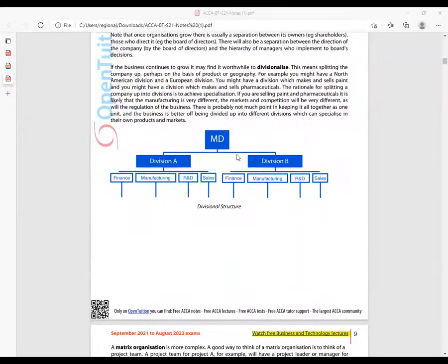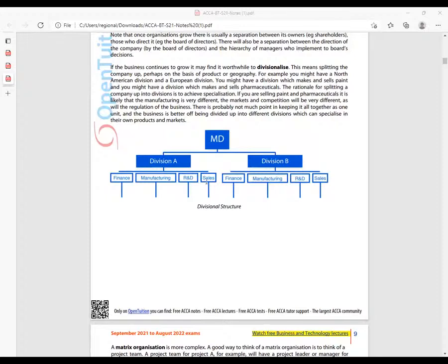Division B. And you can see these divisions are replicating themselves in terms of functions. So each division will have its person who does finances, will have a manufacturing department, a research and development department, and a sales department. The same case with division B.